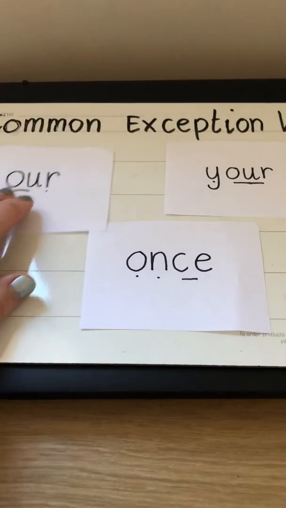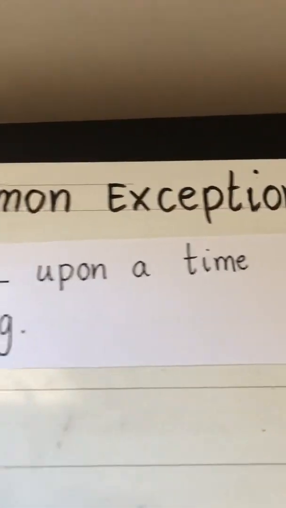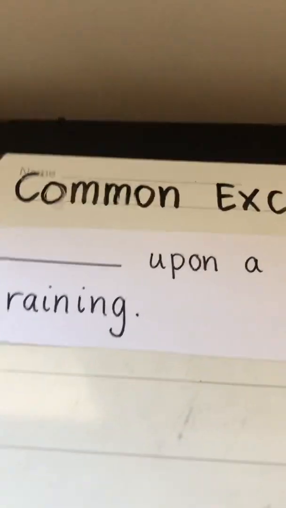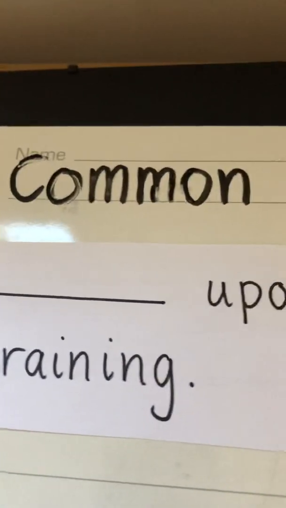Okay, so hopefully you've had a good go at practicing those words by playing one of the games. I'm going to challenge you now by seeing if you can work out what this sentence says and see if you can work out the missing word. It will be one of these words that we've been practicing. So here's the first sentence.